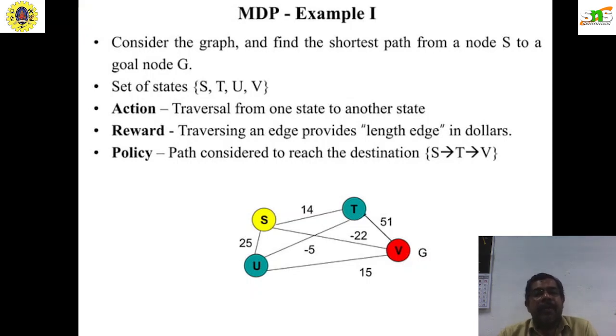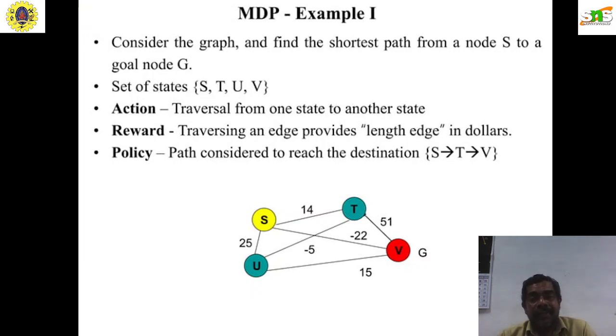Here we have a graph with nodes S, T, U, V, and the rewards as edges. It may be considered in Indian rupees. The thing is that S has to reach the destination V. That is the destination. In what way does it have to go?